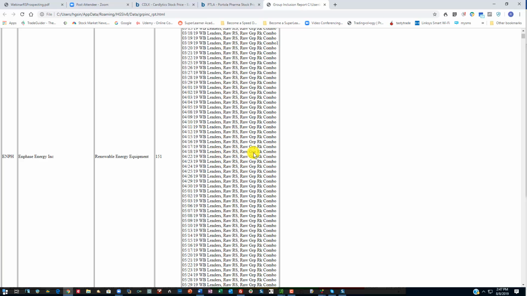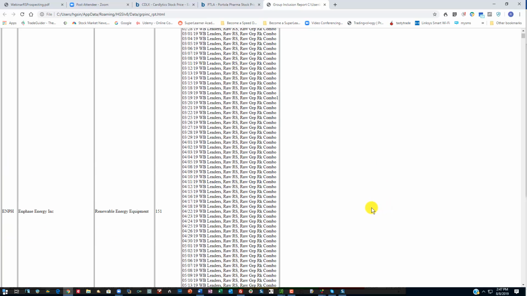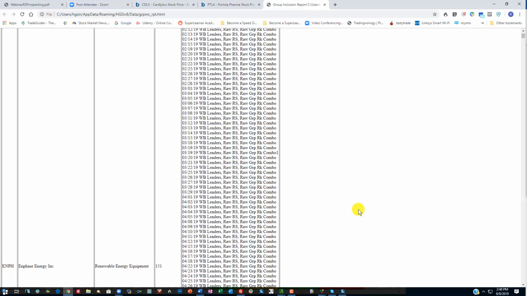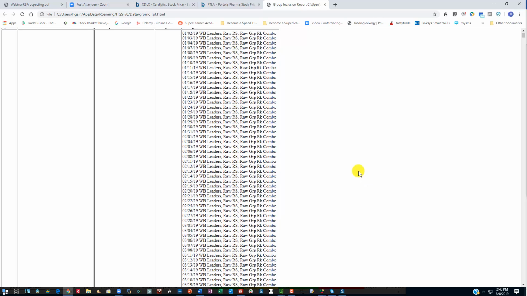Now this SmartGroup cuts it off at 100 stocks per day. It's just the way it's set up, but there could be more stocks in the all securities which would meet the criteria of essentially a group rank of 90 minimum and a relative strength rank of 90 minimum, but most of them are higher than that.